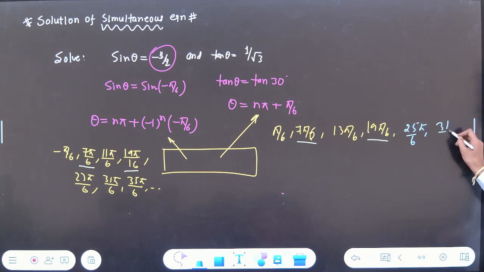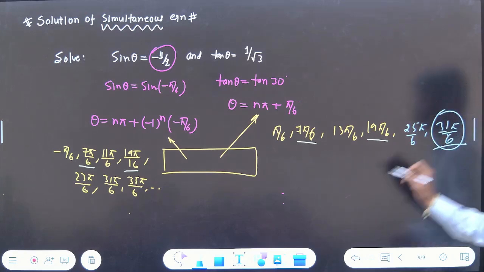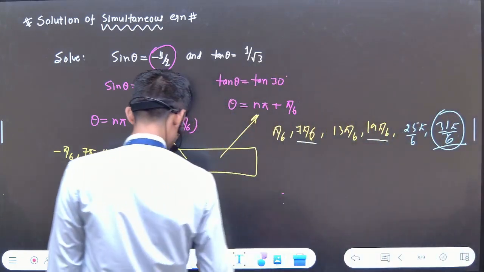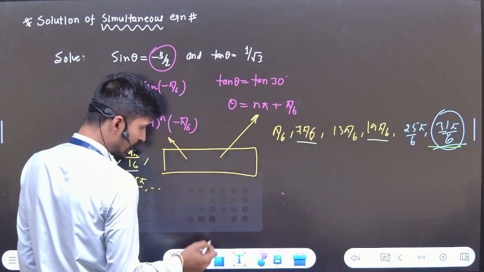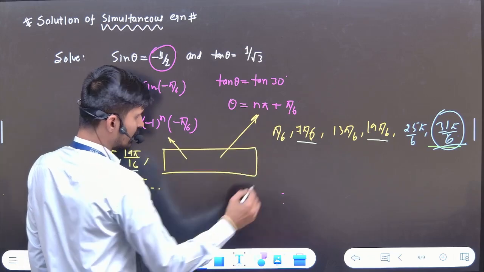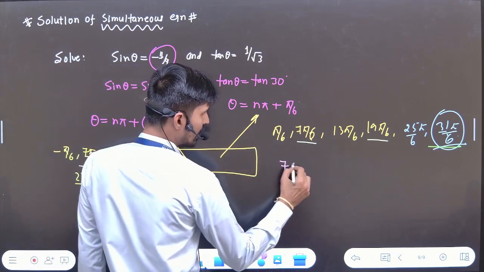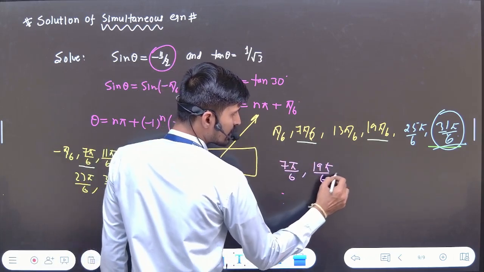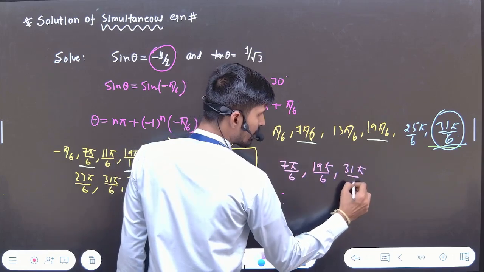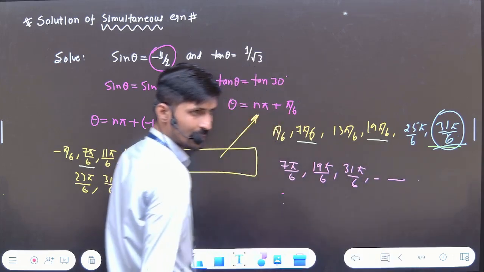Next will be 31 pi by 6. So 31 pi by 6 is matching. 3 angles matched. Now write down all 3 angles somewhere. Here I am writing all the matched angles: 7 pi by 6, 19 pi by 6, 31 pi by 6, and so on. A lot of angles will match.